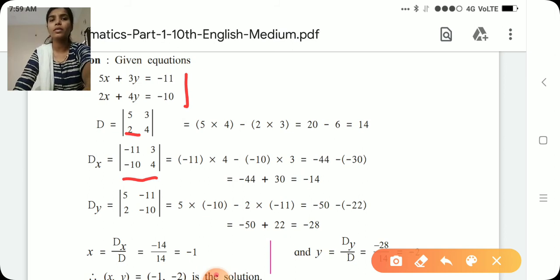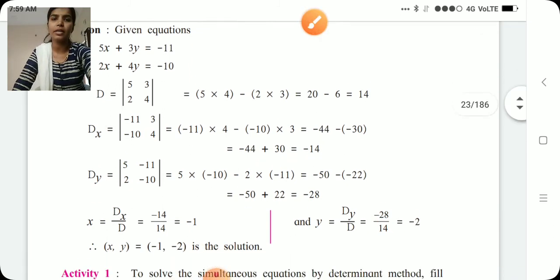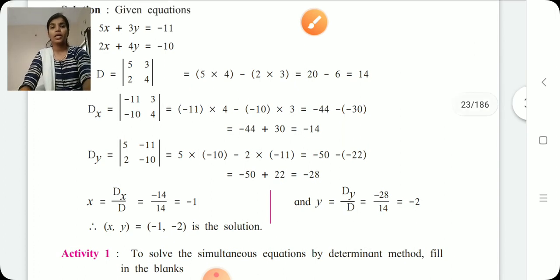Then you solve this by cross multiplication. Minus 11 into 4 is minus 44, minus 10 into 3 is minus 30. Then minus minus becomes plus. So minus 44 plus 30, that means minus 14. So you will get your Dx. Then we are finding the Dy. In Dy you know we replaced b1 b2 by c1 c2.